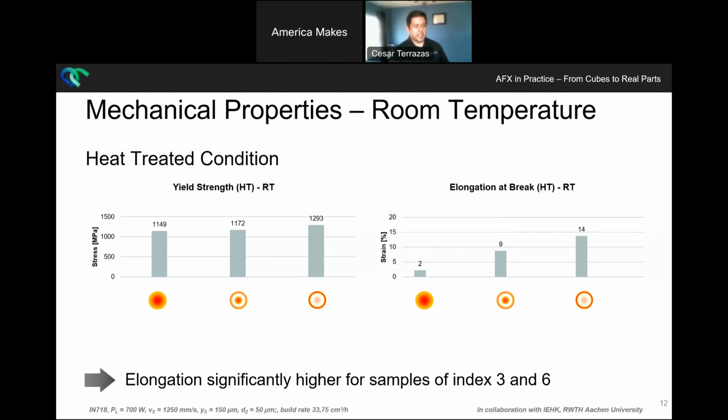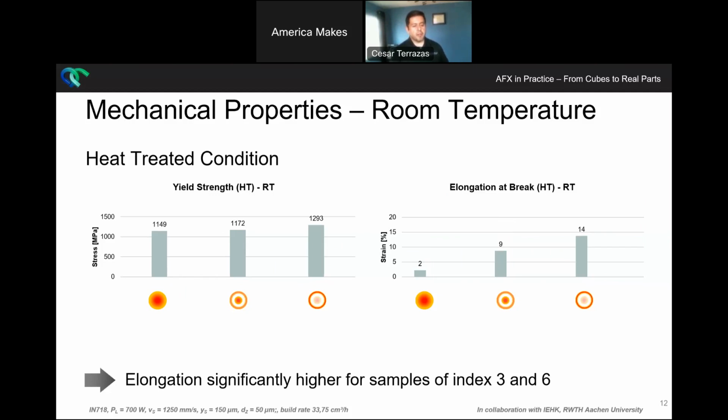Now, the team went ahead and actually did a heat treatment of the component, which is on par with the ASTM standards, and assessed the yield strength again, and you see again the same trend. Even though reduced, you see an increase in the yield strength just because it's expected after the annealing and solutionizing heat treatment that was performed.